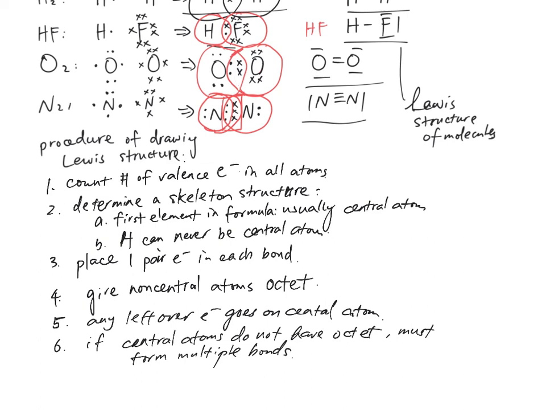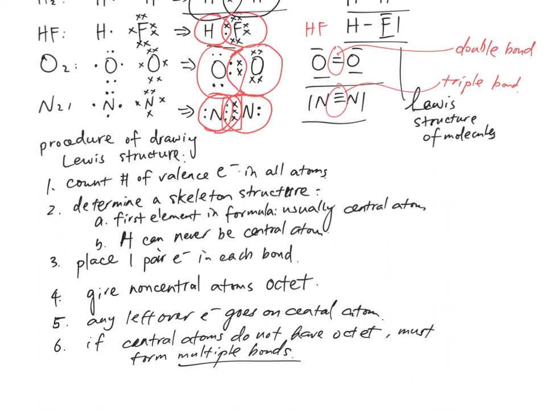What do I mean by multiple bonds? Well, this is what I mean: bonds that share 2 pairs of electrons, bonds that share 3 pairs of electrons. The one with 2 pairs of electrons, we call a double bond. The one with 3 pairs of electrons, we call a triple bond.